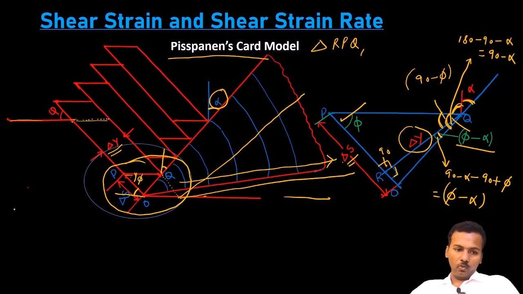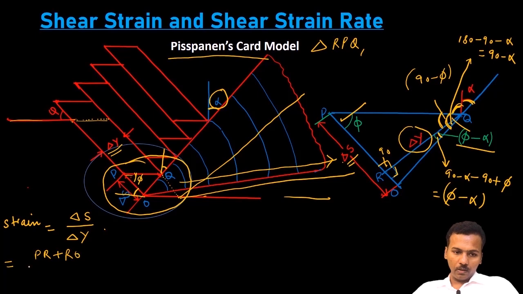Let us calculate the strain. In shearing, the total shear is equal to delta S and the normal to this is delta Y. So we can write the strain equal to delta S upon delta Y. Delta S you can break into two terms, PR plus RO, divided by delta Y, and delta Y equals QR.